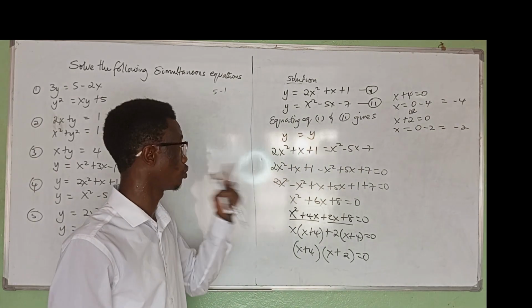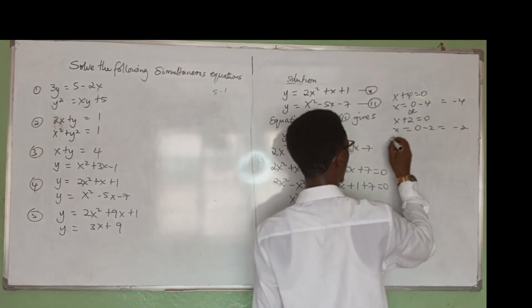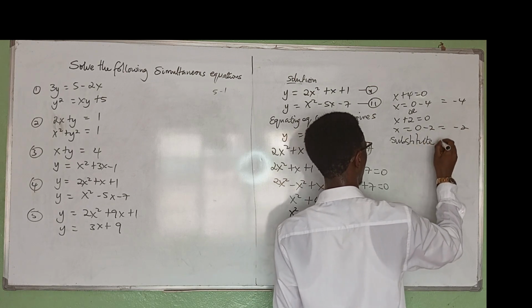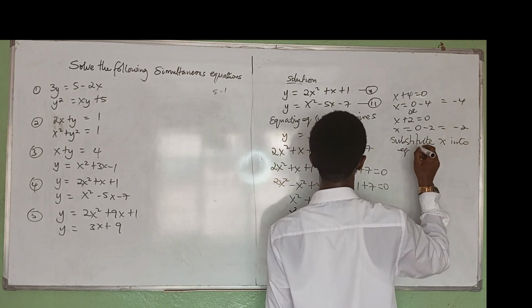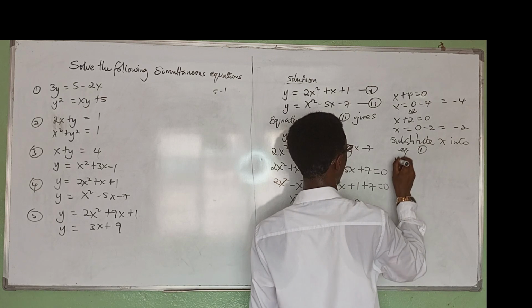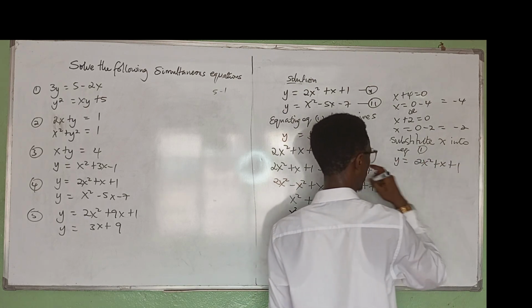Now we solve for y. We can use either of these equations. I can just use equation 1. Equation 1 says y equals 2x squared plus x plus 1.